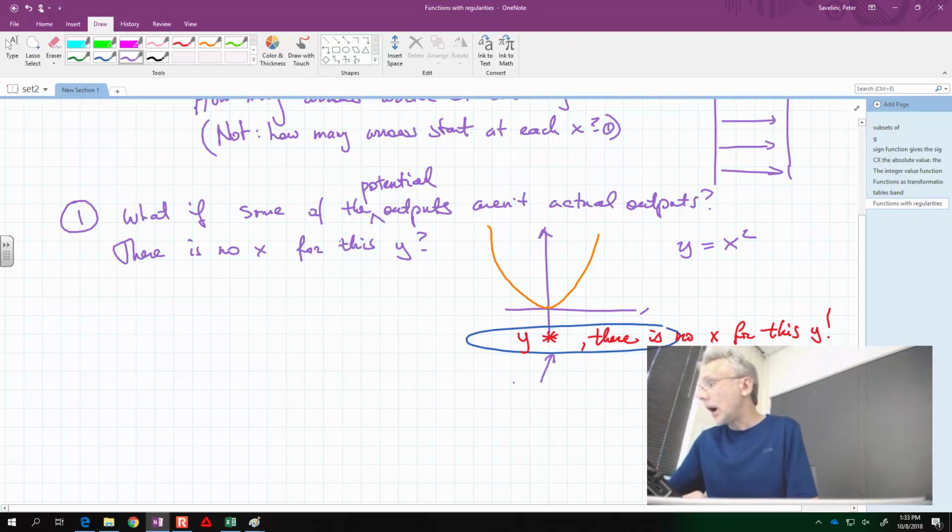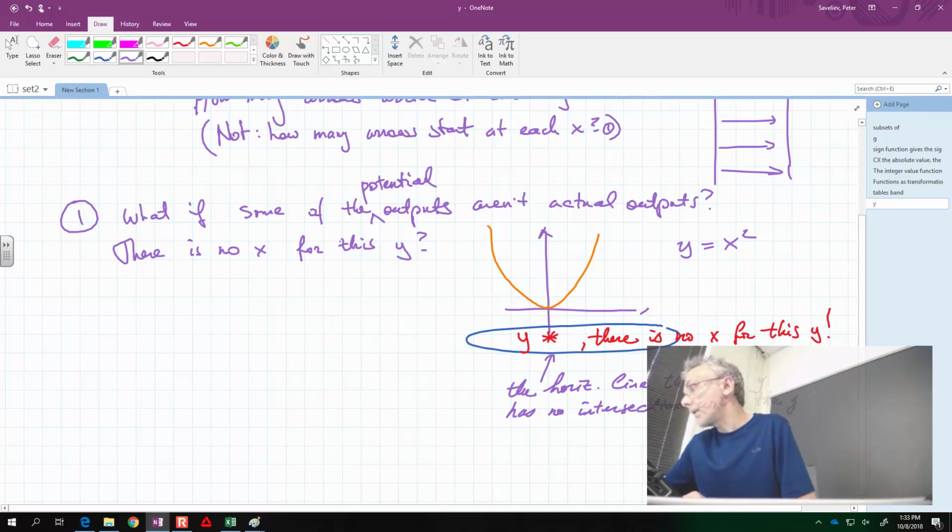So the horizontal line through y has no intersection with the graph of y equals f(x).